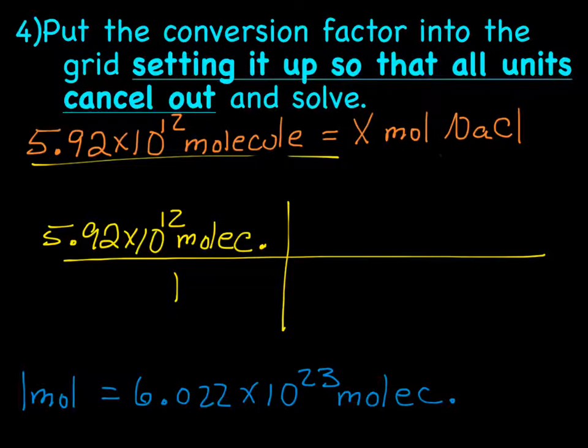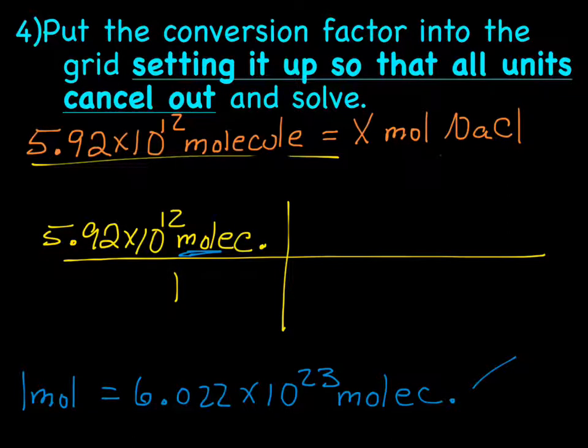Step 4, we're going to put the conversion factor, so this thing here, in the grid, so that all the units cancel out. That is super, super important. A step you do not want to skip when setting up these problems is you always want to write the units in your grid. So for example, my known was 5.92 times 10 to the 12th molecules.